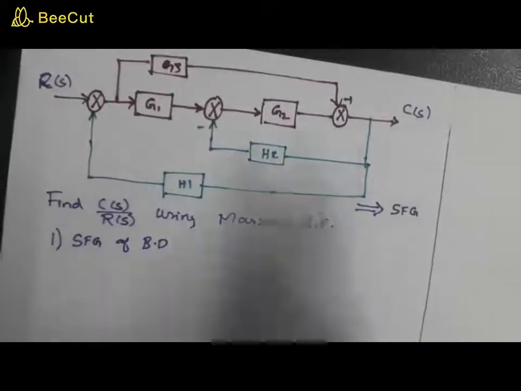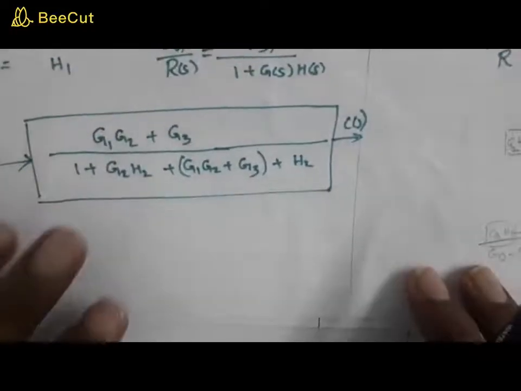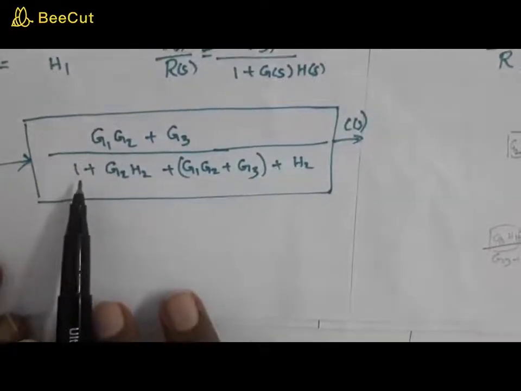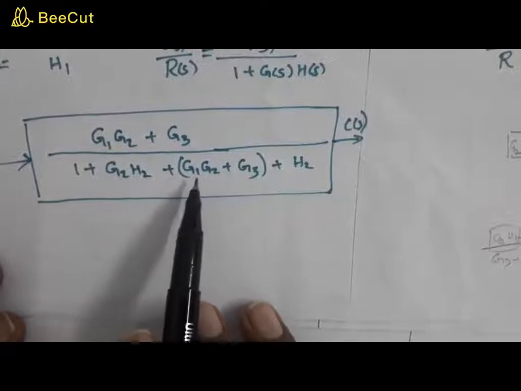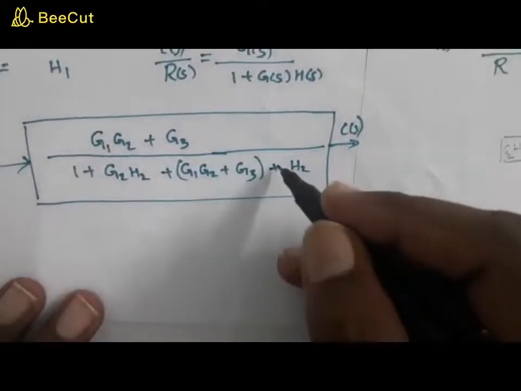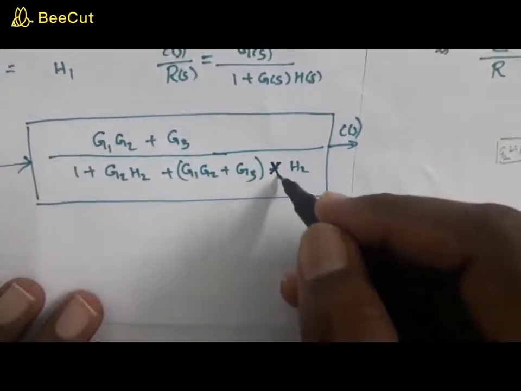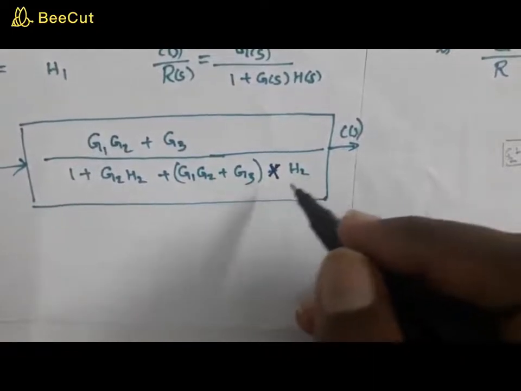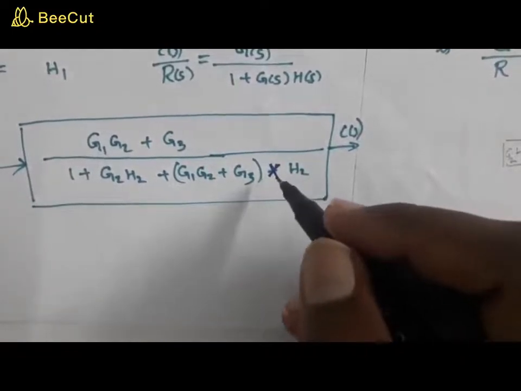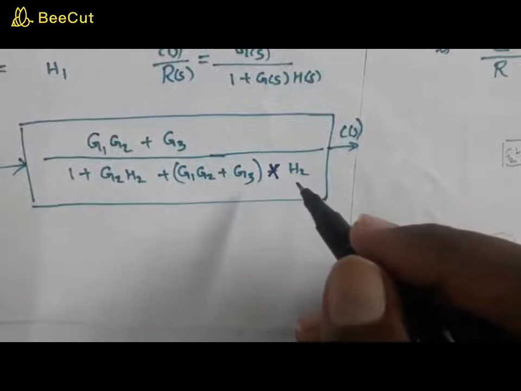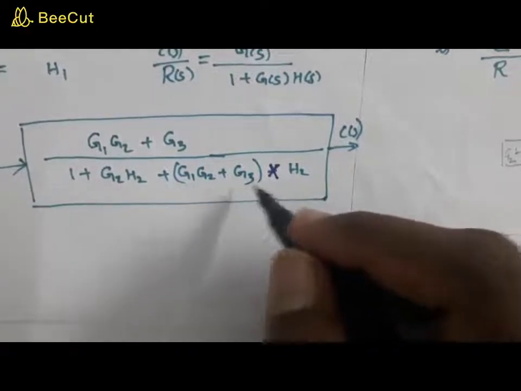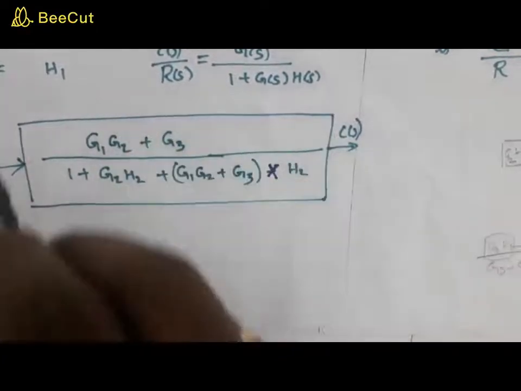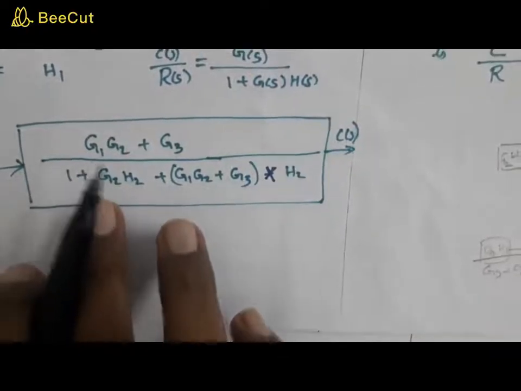Hope you all got this as the answer: G1 G2 plus G3 divided by 1 plus G2 H2 plus G1 G2 plus G3. It is into, it's not plus. I think it has been mistakenly written as plus. So it is G1 G2 plus G3 into H2. This is the correct answer.